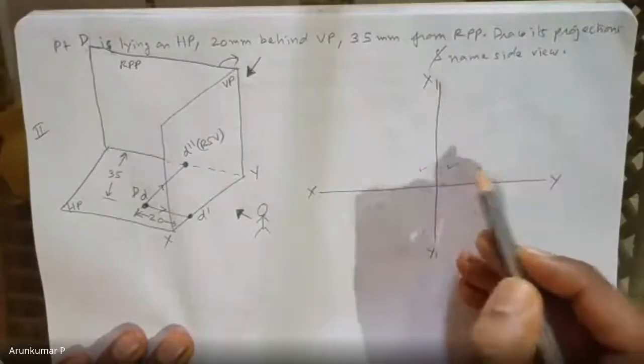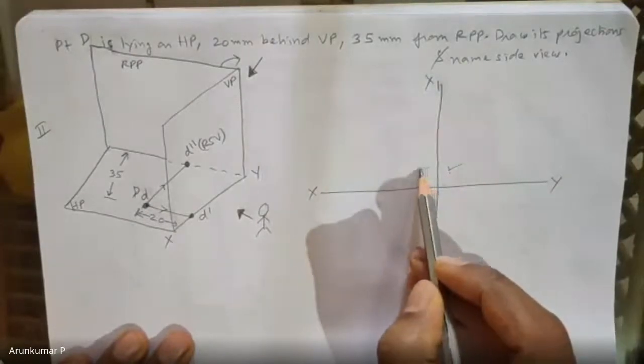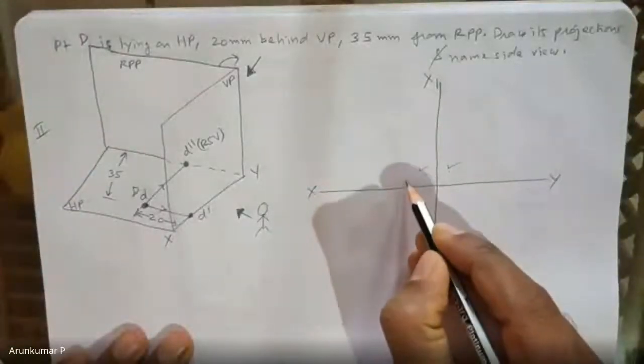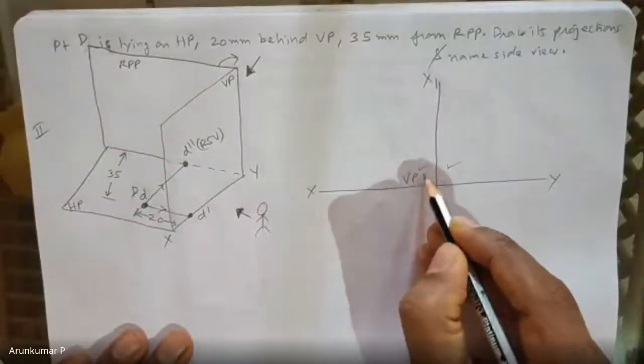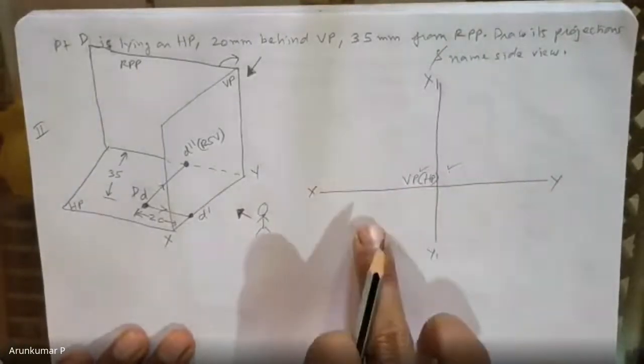Left side. Here or here, left side or right side? Left side. On the left or on the right? Left, sir. Yes, on the left. So I will write VP in bracket HP on the left.